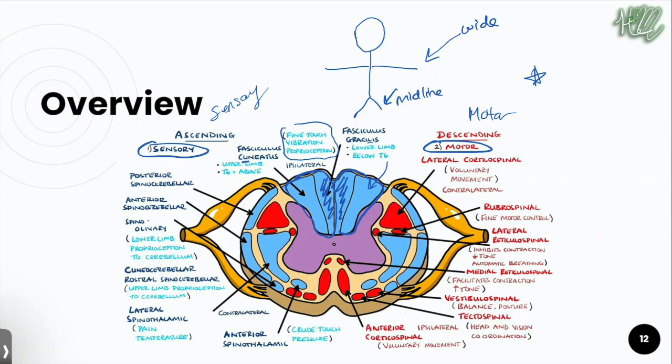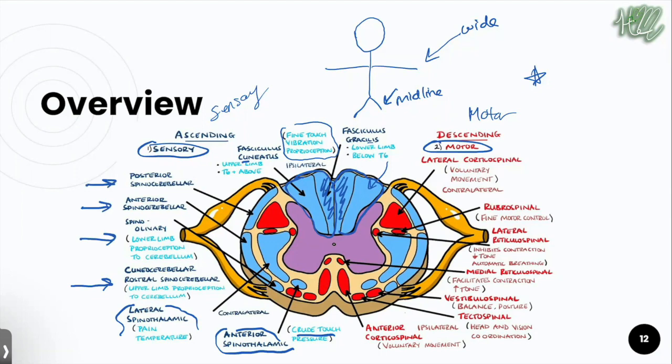I said fine touch specifically because we have our anterior spinothalamic tract that helps with crude touch, and that's up here at the very front. Our lateral spinothalamic does pain and temperature, which we talked about as well. Those are the main ones that we talked about, but they even have some of the cerebellar tracts in here, which I think is so helpful too.